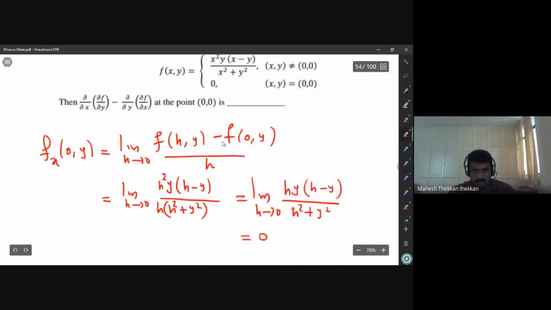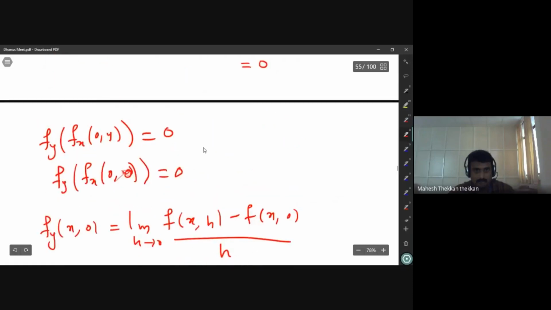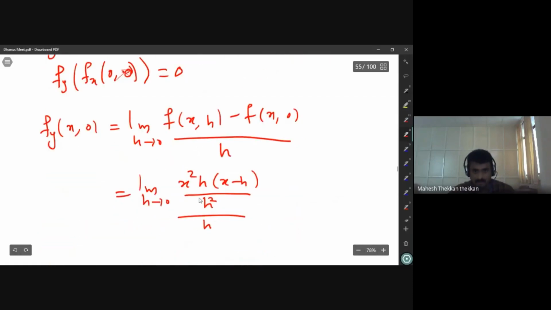Here I have made some mistake. Yes, here x squared is there, right? x squared plus h squared. Now this is whole divided by h, so this term will come in the denominator. There is one more h that will cancel.